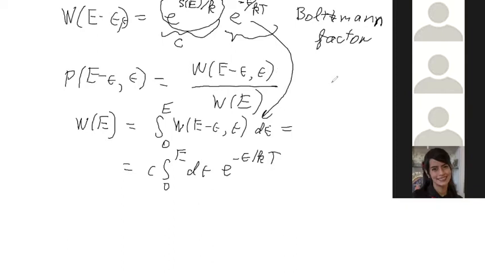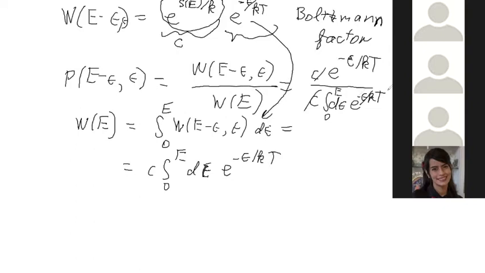So we substitute here C, E minus epsilon over kT divided by C over the integral from 0 to E. This one is epsilon, E epsilon kT. The constant goes away. So at the end, this constant didn't matter at all.